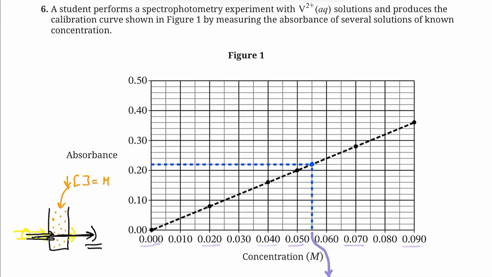And as you increase the concentration, more of that light gets absorbed. Therefore, there's more missing light, and there's a greater absorbance by the chemical. So there is a certain proportionate relationship that we need to understand here that's occurring.